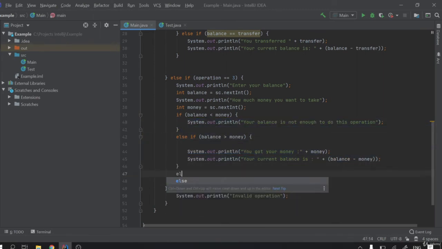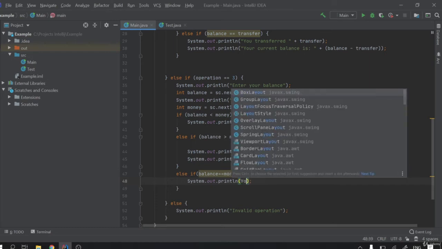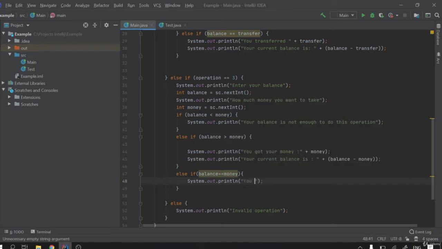So let's do here else if balance equals money, SOUT, and let's write you got all of your money. Why did I write this? Because if balance equals money, it means after this operation there will be nothing in the balance, and I wrote you got all of your money.